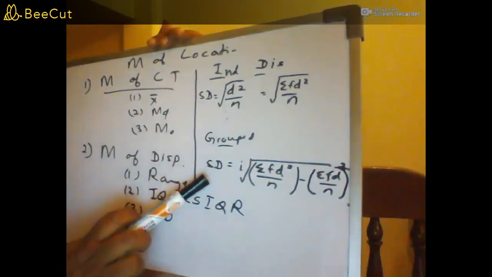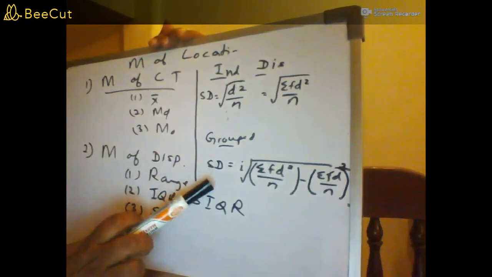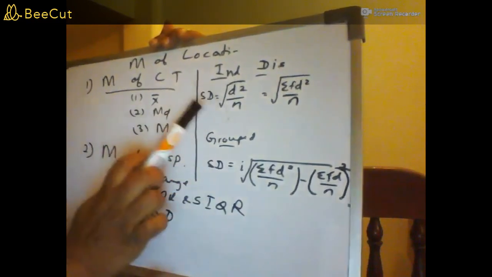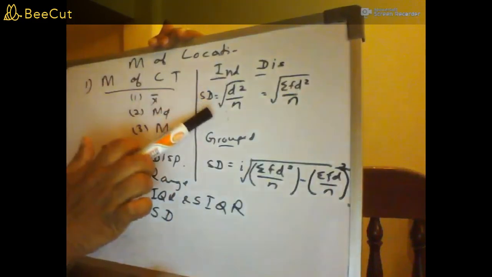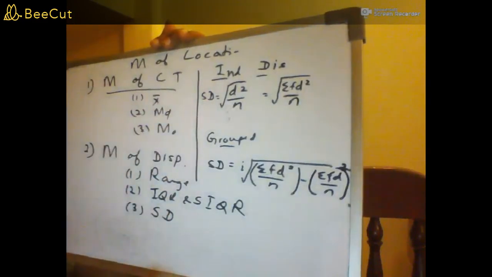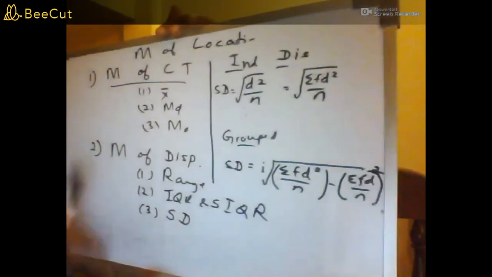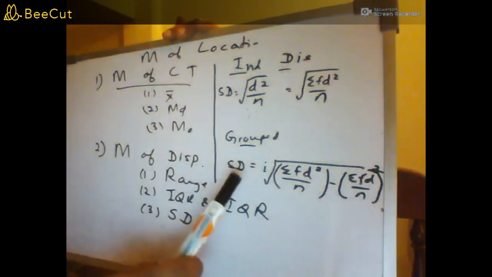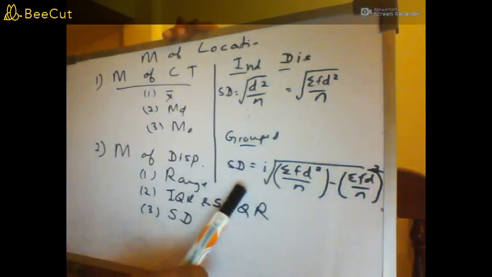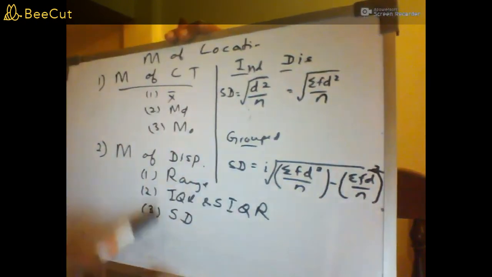That's why I did standard deviation for group data. You know how to do this one. Usually they don't, because it takes time to do this one even in the first paper. So that's what we have discussed now.